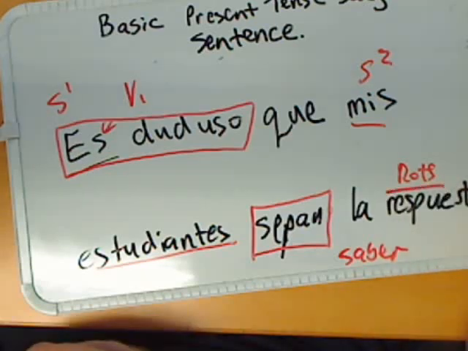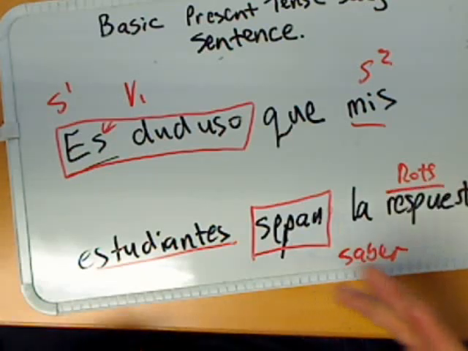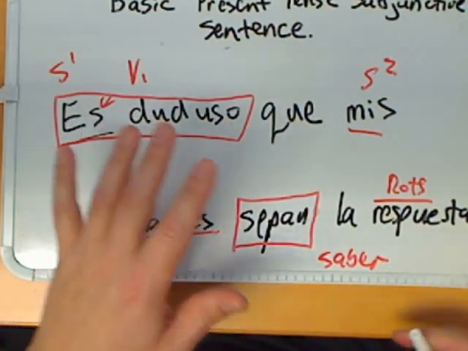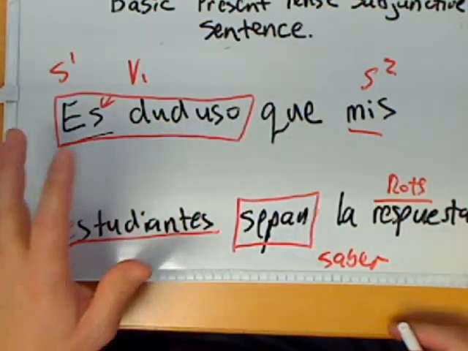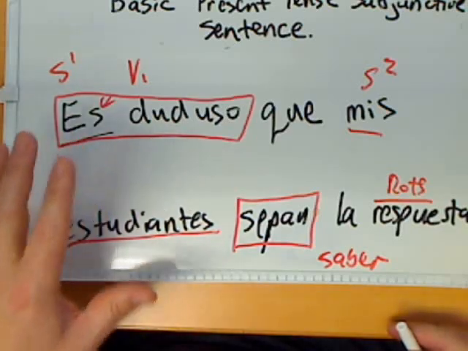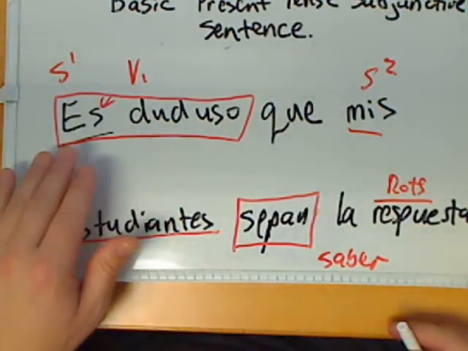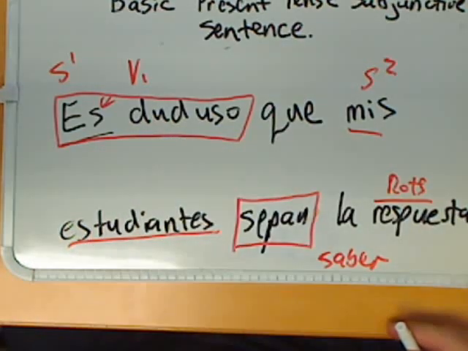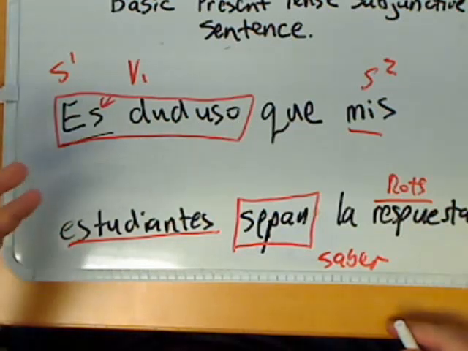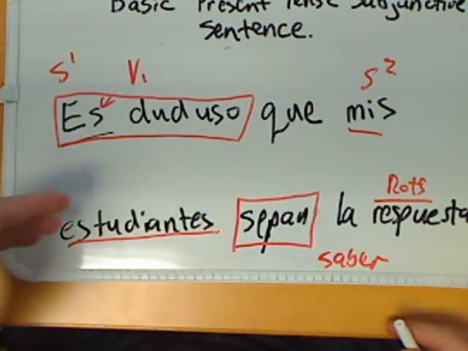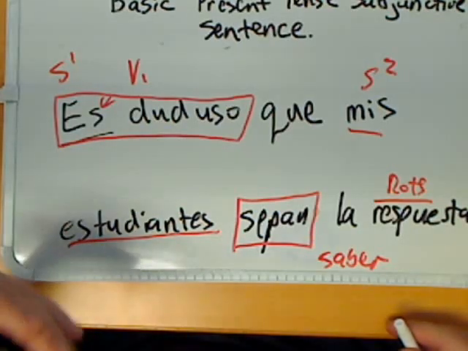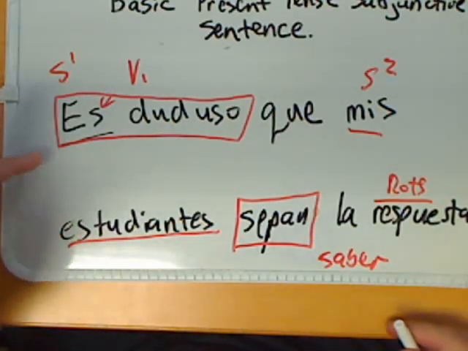So this is one example of a basic present tense subjunctive sentence using an impersonal expression. The impersonal expression in this case is es dudoso. There is a long list of impersonal expressions that express an opinion and that can be used here. This is one example.